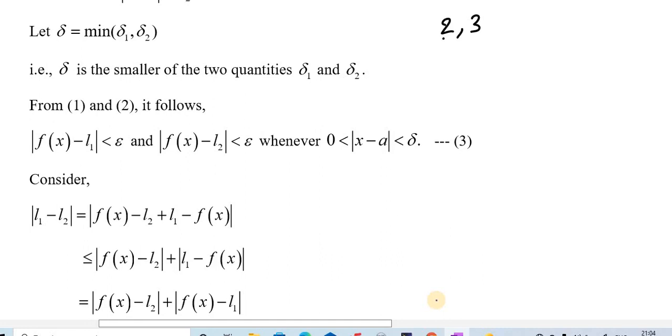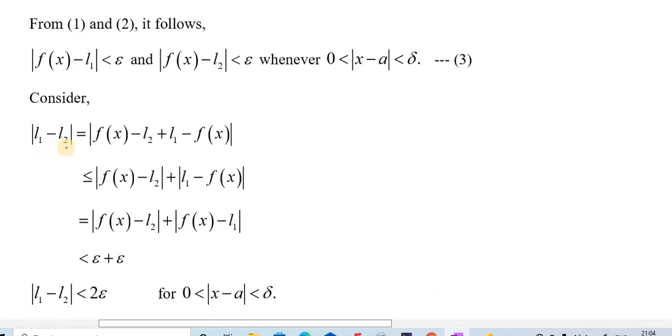Next, consider modulus of L1 minus L2. Here we are rewriting this modulus of L1 minus L2 as modulus of f of x minus L2 plus L1 minus f of x. Observe, this is a positive quantity, this is a negative quantity. These two quantities get cancelled, then we are going to get L1 minus L2.